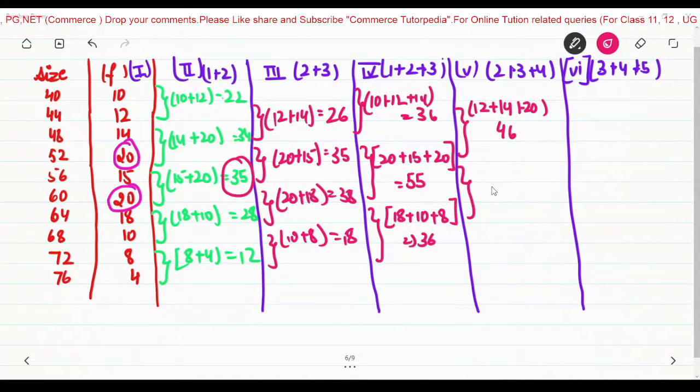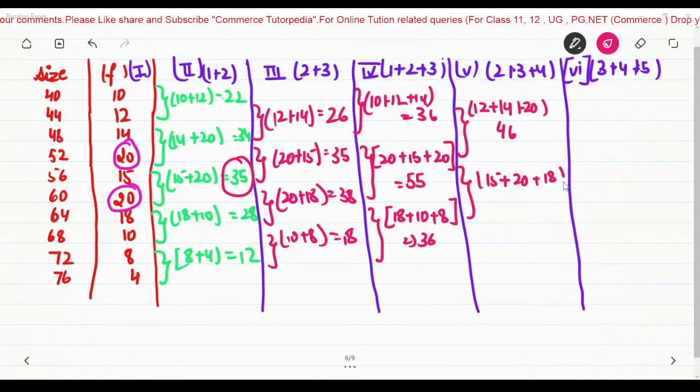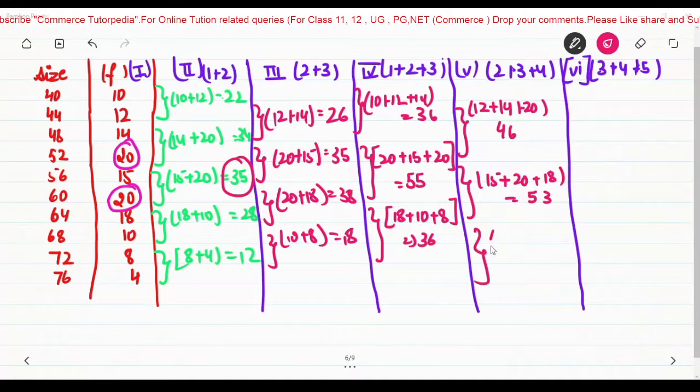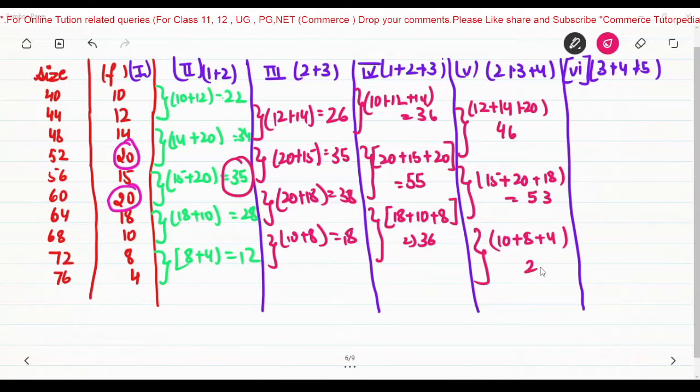Then 15 plus 20 plus 18, here we get 53. And the last group here is 10, 8 and 4. Adding 10, 8 and 4, we get 22.